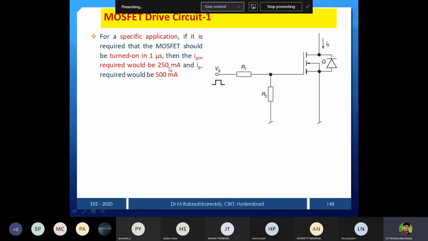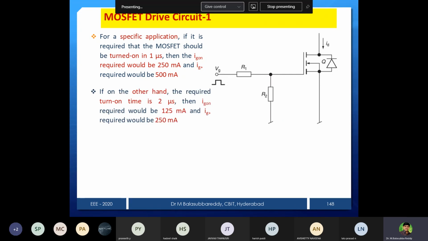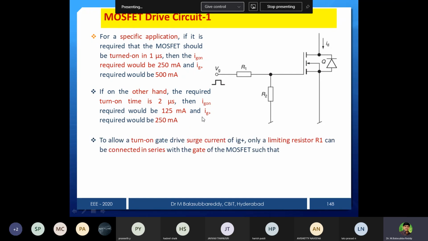To get the device on in only 1 microsecond, we require 250 milliamperes of gate current, and IG plus is obviously double of that, that is 500 milliamperes. If the turn on time is 2 microseconds, then IG on required would be 125 milliamperes and IG plus will be 250 milliamperes.